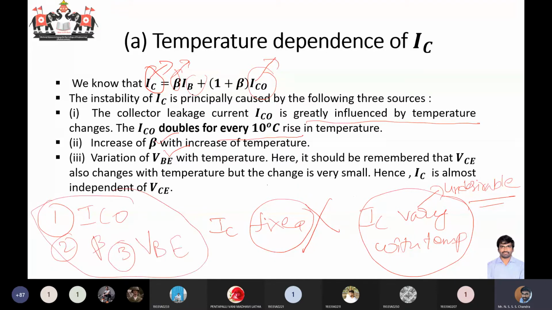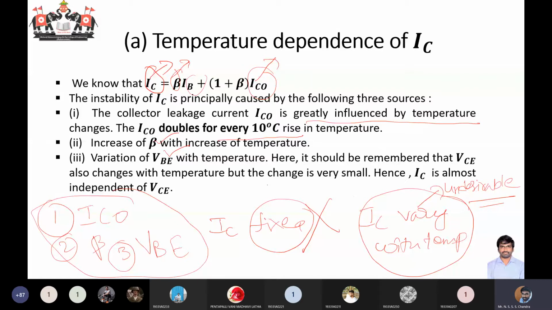So we'll be defining three stability factors in which we'll be measuring the change in IC when there is a change in one of these parameters.